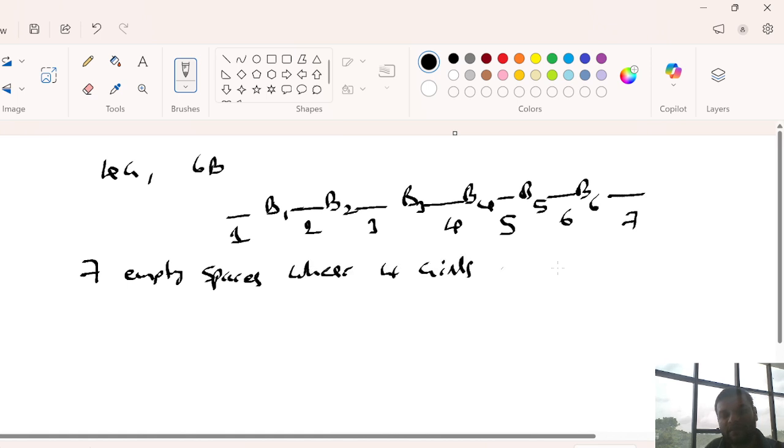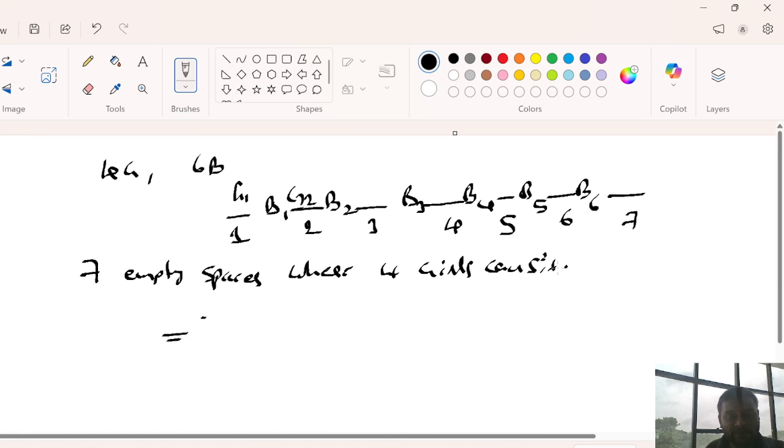If they are sitting in these 7 empty spaces, they can start in any place, right? Let us say girl 1 is sitting here, girl 2 is sitting here, then they are not coming side by side, so our condition will be satisfied.